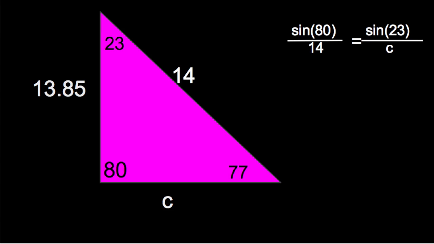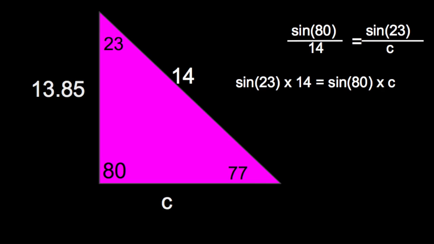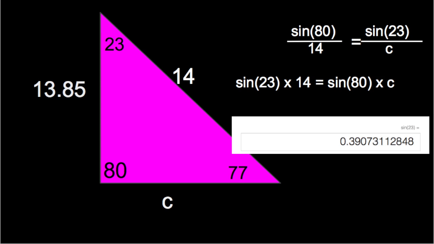Next, we have to set it up just as we did the last one to find out the side length of C. Then we'll get the sine of 23 times 14 equals the sine of 80 times C. Now try putting the sine of 23 into your calculator and see what you get. That's right, you should get 0.39 and so on. Now try that times 14 and see what you get then.